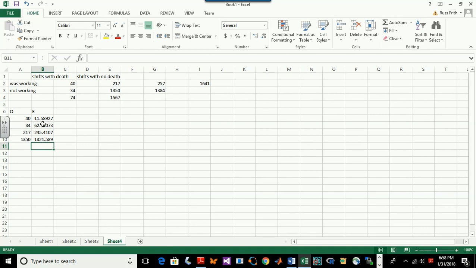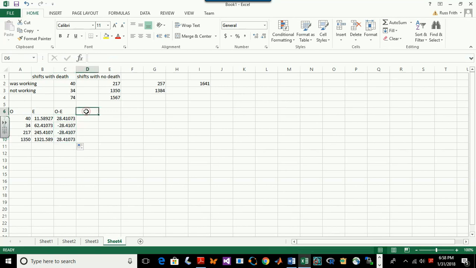What's concerning is that the observed value is 40 when the expected value should be 11.6, so that should raise a flag. All right, so O minus E: this would equal that value minus that value.